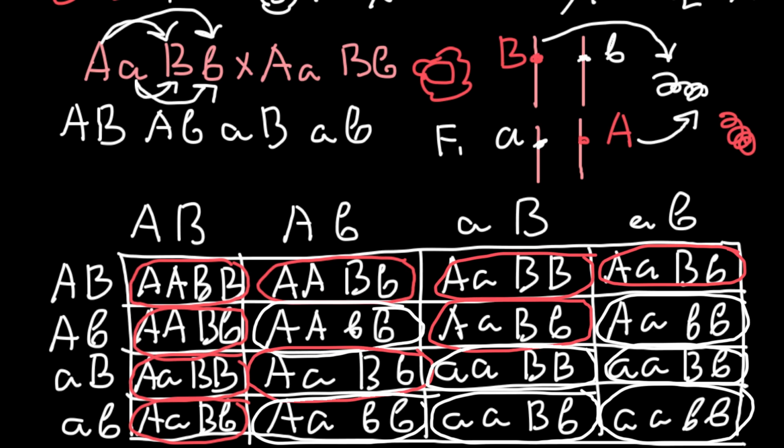So let's count what ratio we have here. We have 1, 2, 3, 4, 5, 6, 7, 8, 9. We have a ratio of 9 to 1, 2, 3, 4, 5, 6, 7.